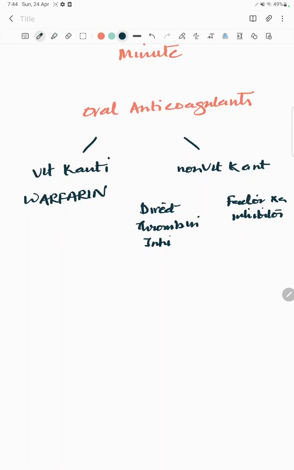The direct thrombin inhibitor is only Dabigatran, and the factor 10A inhibitors are Rivaroxaban, Apixaban, and Endoxaban.